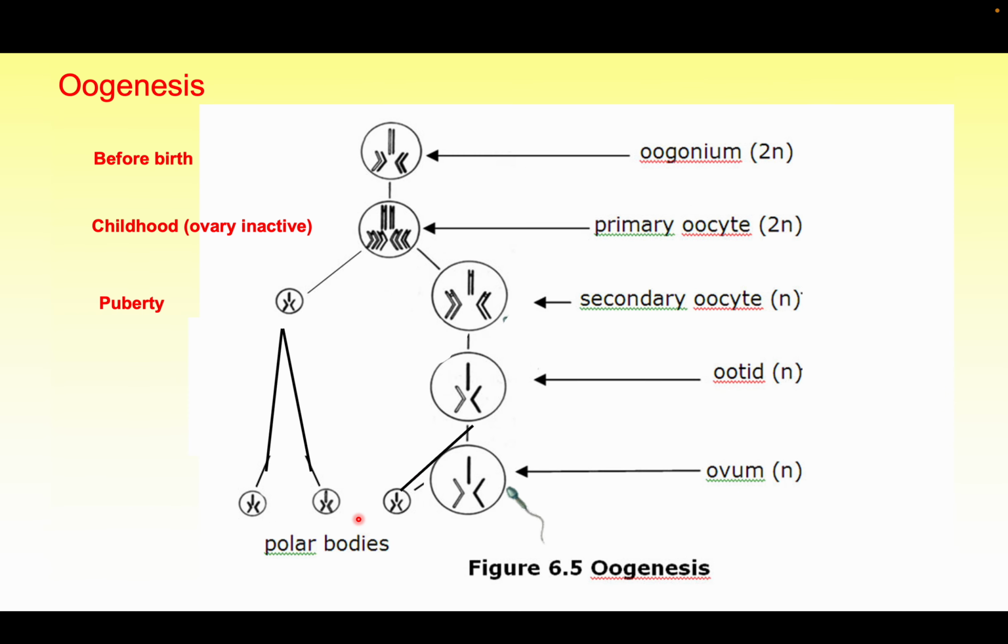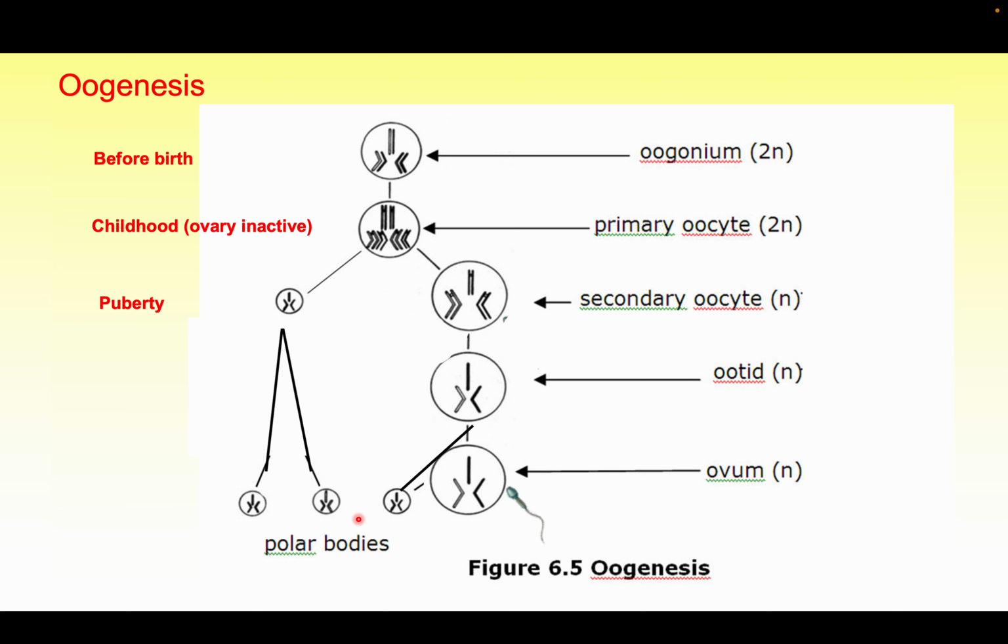Okay, so just a rundown again. Your oogonium, you have a finite number of these even before you're born, right? The oogonium transitions to become a primary oocyte, which is diploid in number.